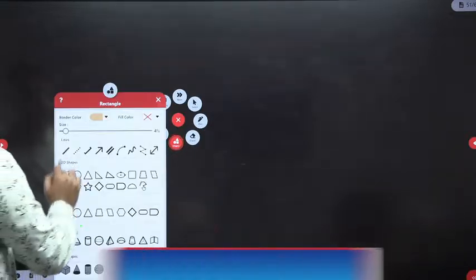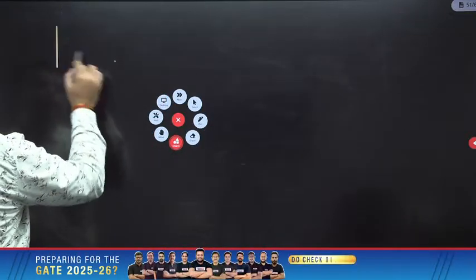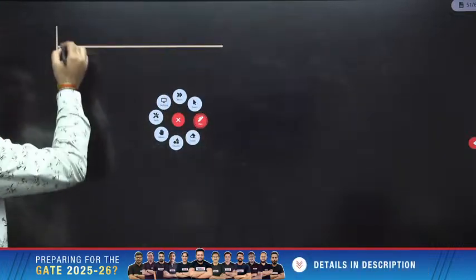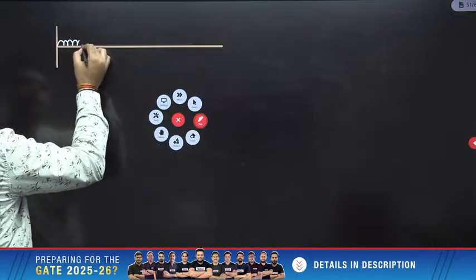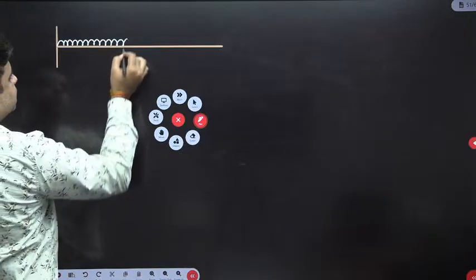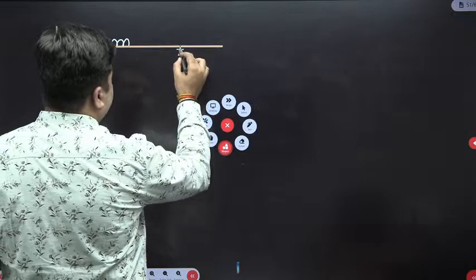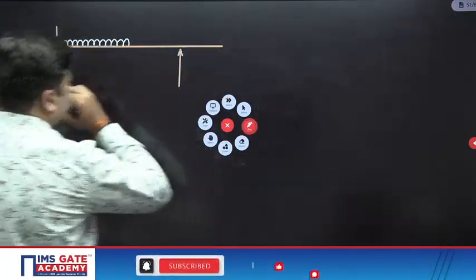For example, there is a cantilever beam like this. This cantilever beam is subjected to UDL, and then it is subjected to an upward acting point load here.